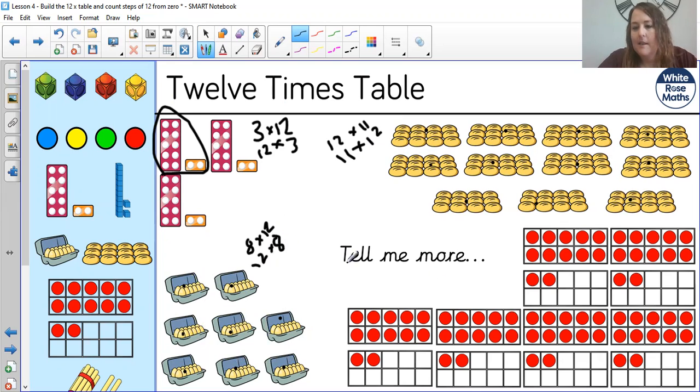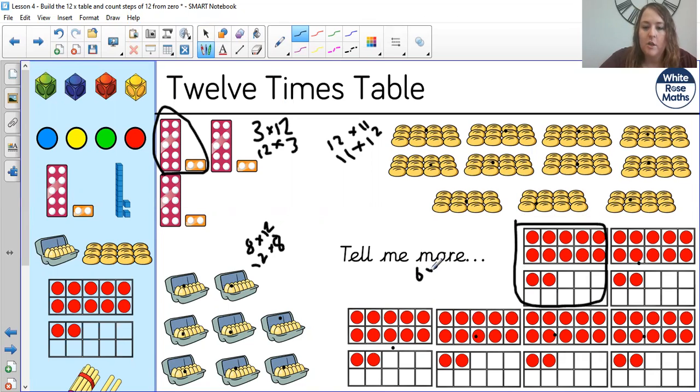And finally, at the bottom over here at the side, we've got our tens frames or some counters within tens. So we've got a group of tens and a group of 2, obviously then with 8 spaces clear. So that's one group of 12, and we've got 1, 2, 3, 4, 5, 6 of them.